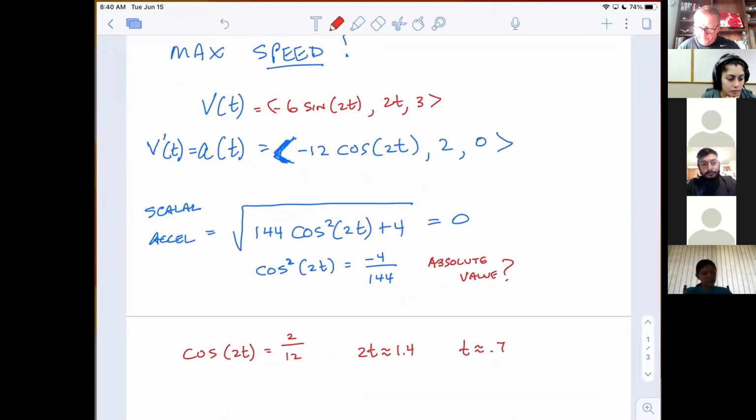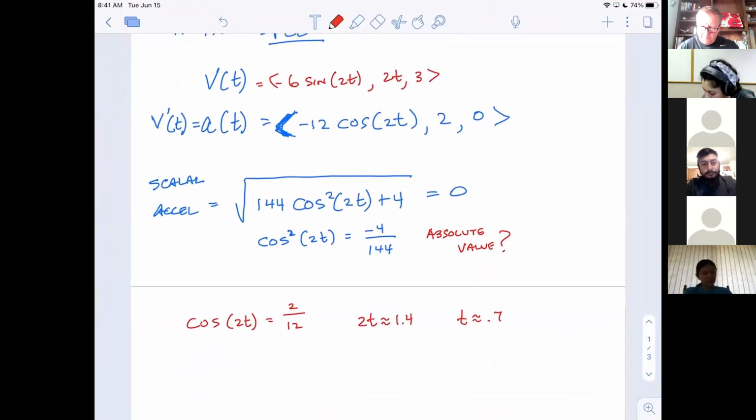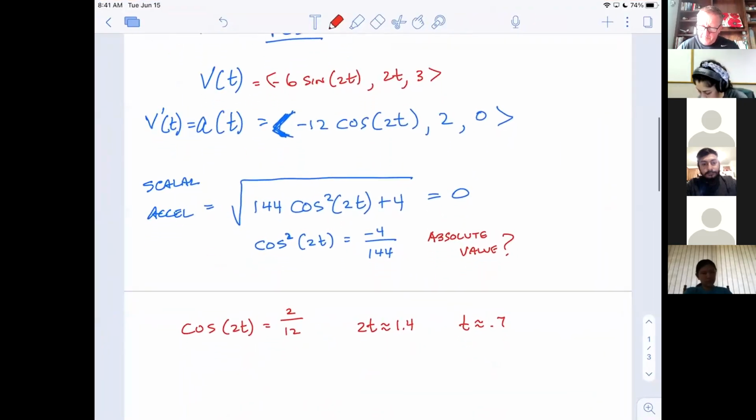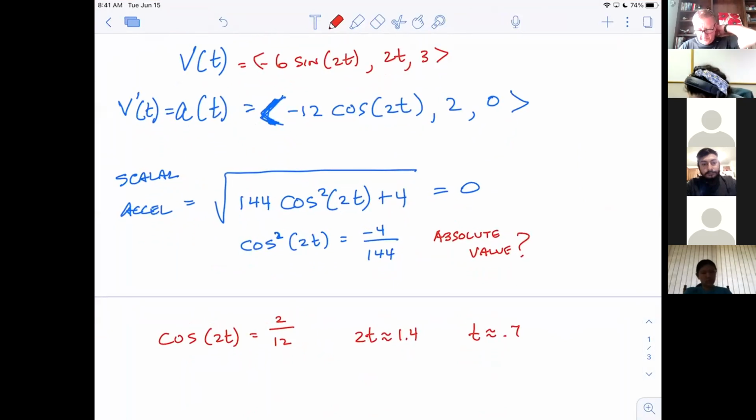So that means that absolute value business, maybe that wasn't okay to do. What's this? Square it, subtract 4, divide by 144. Take the square root.